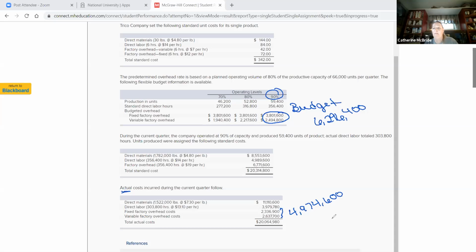I just get a little confused with the verbiage sometimes. It's because we're talking about flexible budgets, that's all. We haven't looked at them in this way, but when you do your predetermined overhead rate, you are using budgeted amounts. So our budget was done at 80%, but our actual was at 90%. So to compare apples to apples, we had to do 90%. That makes sense, actually. Thank you.